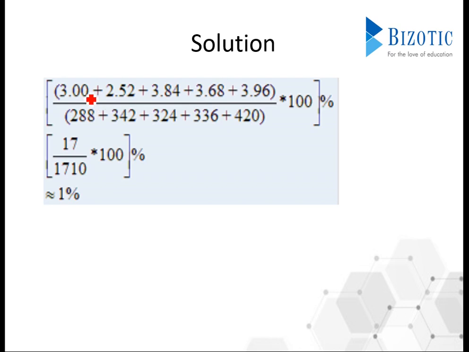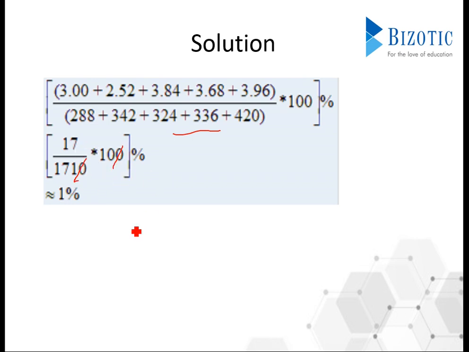This is the bonus value: 3, 2.52, 3.84, 3.60, 3.96. You have to add all of this. 3 4s are 12 plus 2, then 14, then the decimal point. Then these are all the salary values. Add all of this, it comes to 1710. So now the very easy calculation: 0 will go and 17 into 10 will be 170.